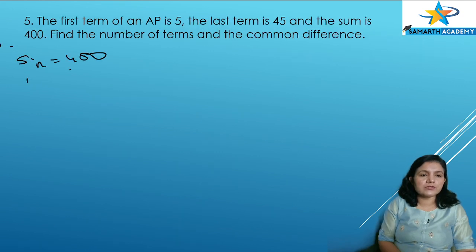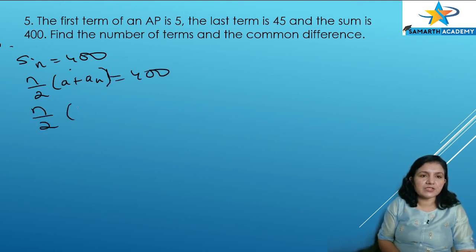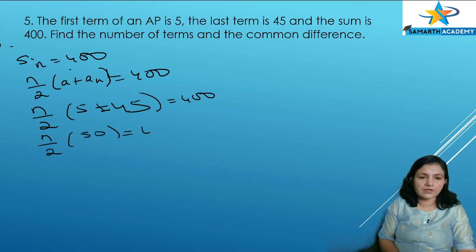In the given, we'll use the formula n by 2 into a plus l is equal to 400. N we don't know. First term is 5 and the last term is 45, equal to 400. So n by 2, 5 plus 45 is 50, equal to 400.